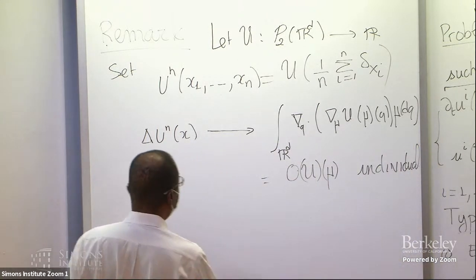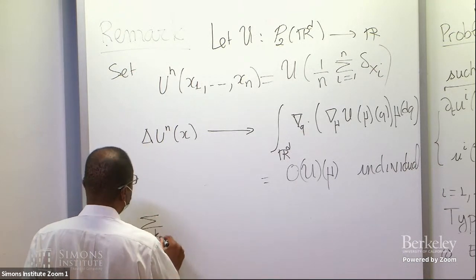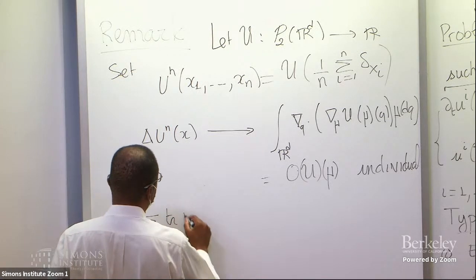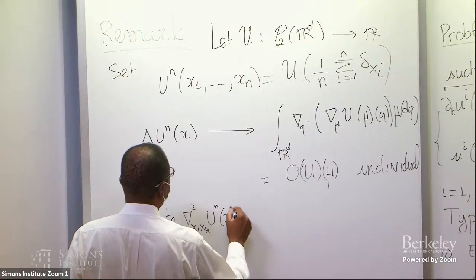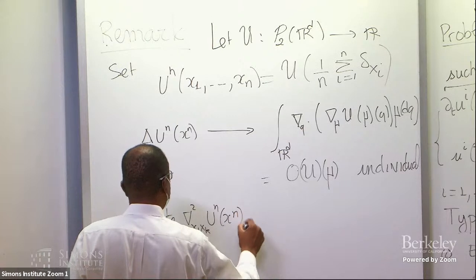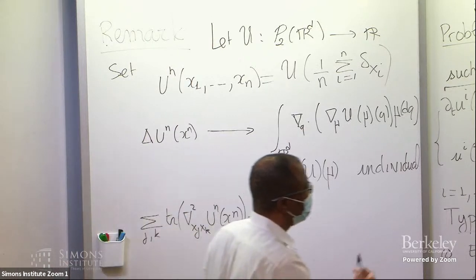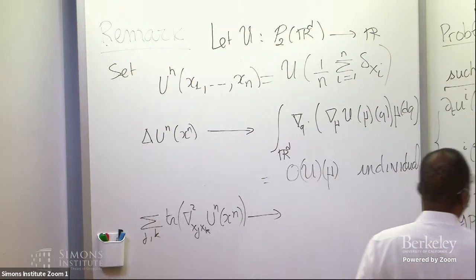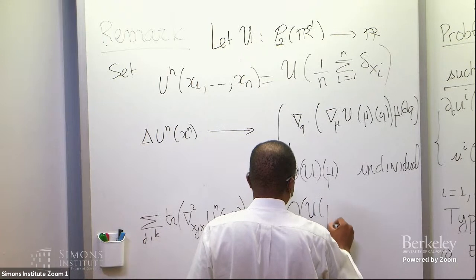And if you look at the sum over j, k of the trace of the second derivative in x_j, x_k of U_n, this will converge to the following. The part where k equals j converges to O U of mu.